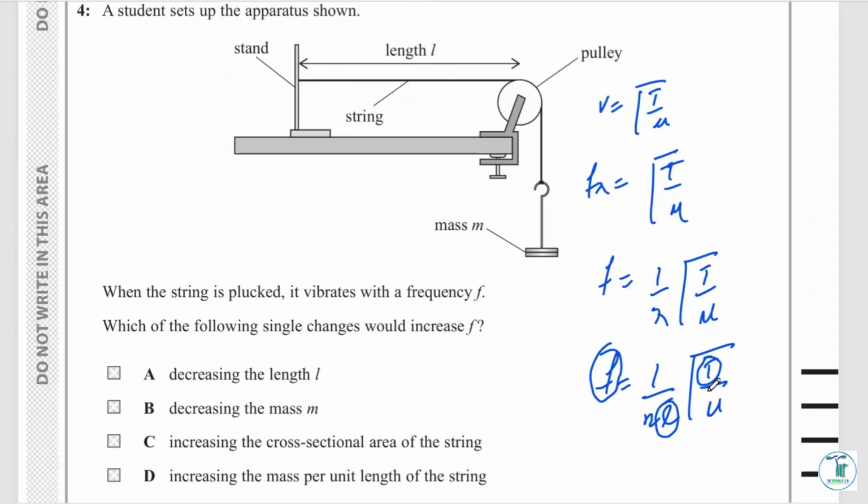Similarly, the frequency and the mass per unit length are inversely proportional to each other. In this case, you're going to increase f. So L should decrease, T should increase, and mu, the mass per unit length, should decrease as well. Now, if you look into the options, decreasing the length makes sense, right? If you decrease the length, the frequency should increase. That is why I'm going to go with option A, right?